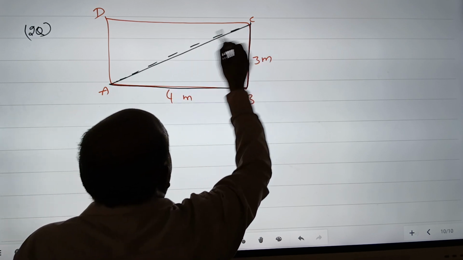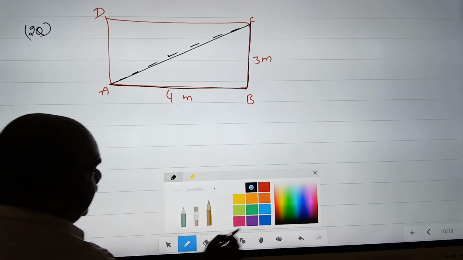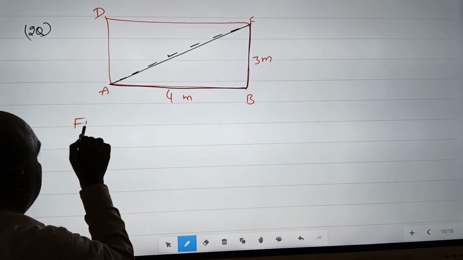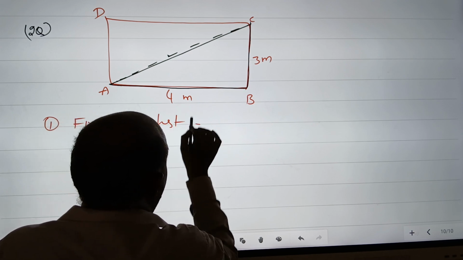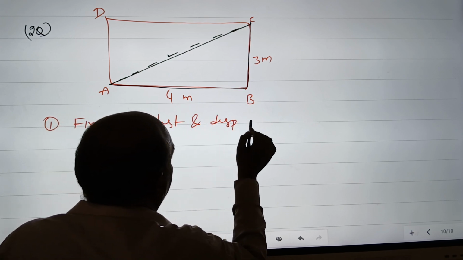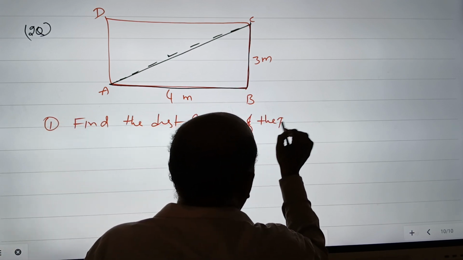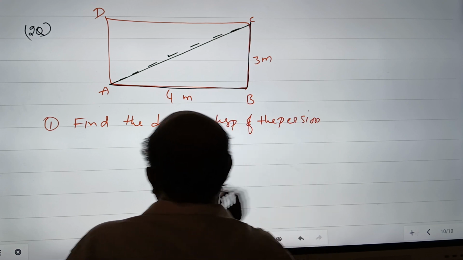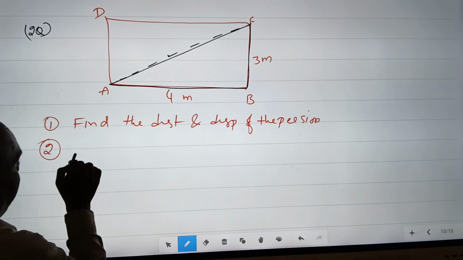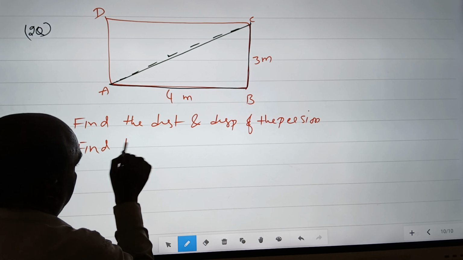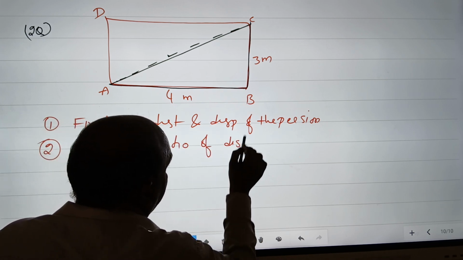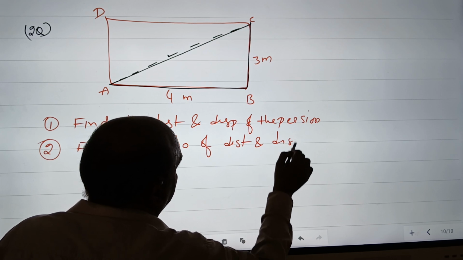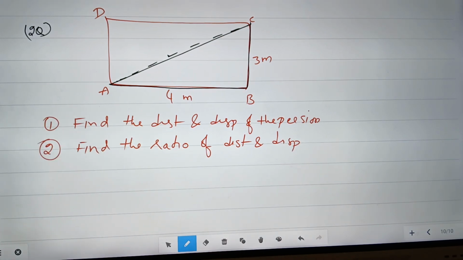Find the distance and displacement of the person. Number 2, find the ratio of distance and displacement. This is the second question. Do it, beta. Simple.